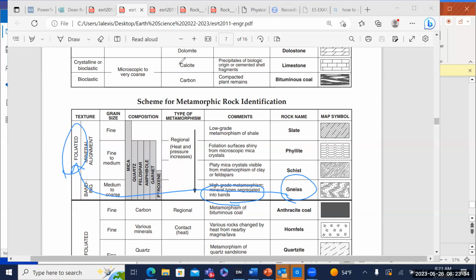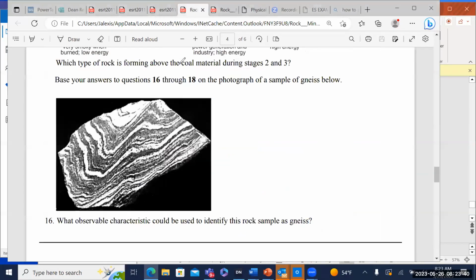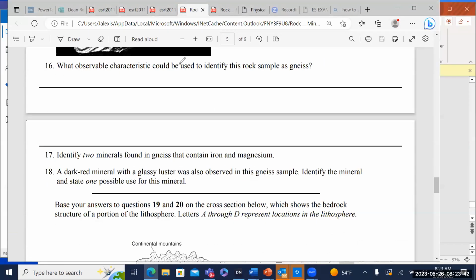All right. Now let's take a look at 17. 17 says, identify 2 minerals found in gneiss that contain iron and magnesium. Iron and magnesium are elements.